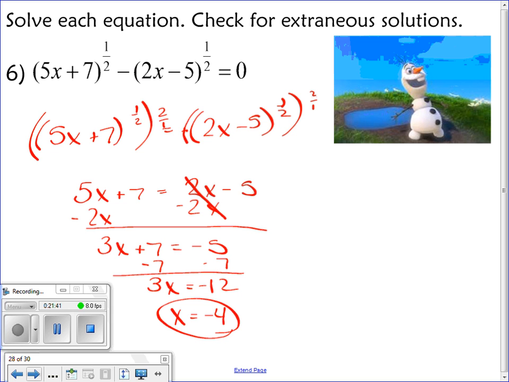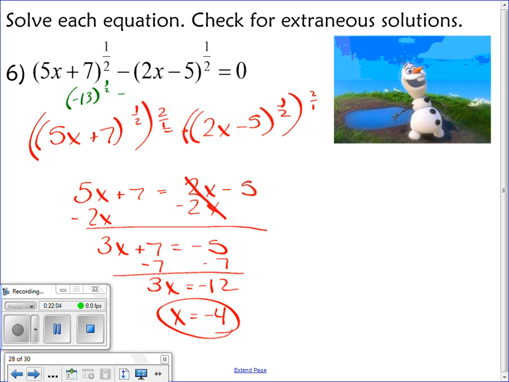Okay? So if I plug this back into the original problem, we have 5 times negative 4. That's negative 20 plus 7. It's negative 13. So I have negative 13 to the 1/2, which is not pretty, right? Minus, let's do this one, 2 times negative 4.